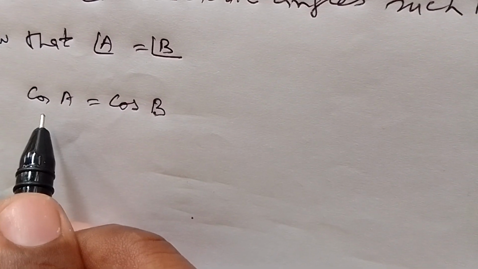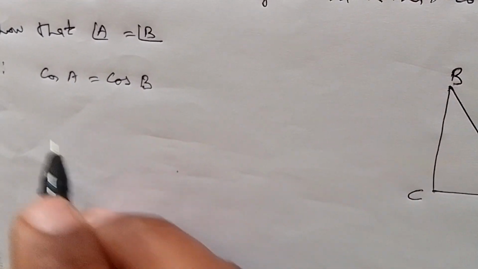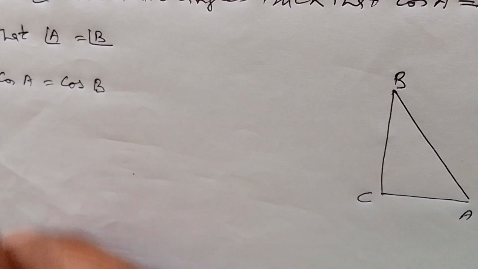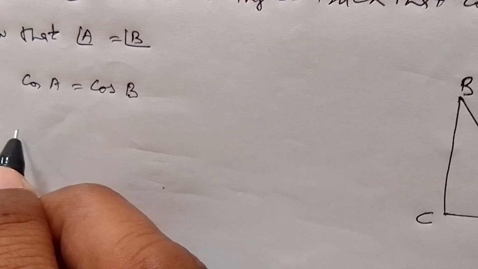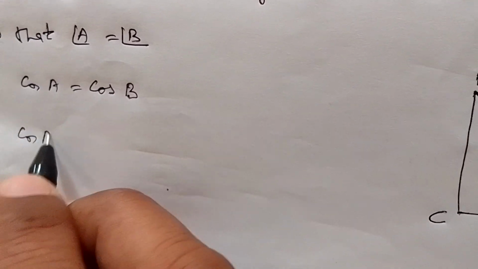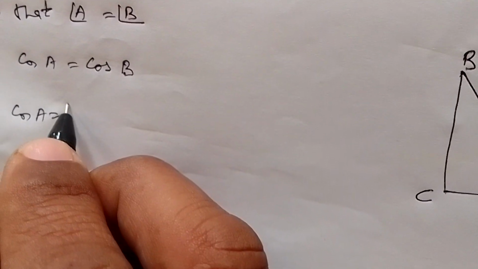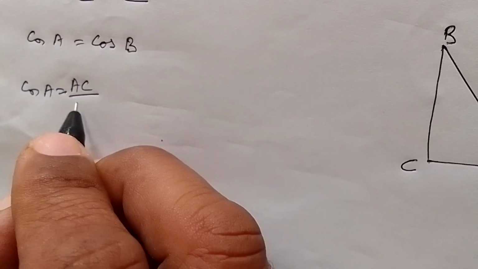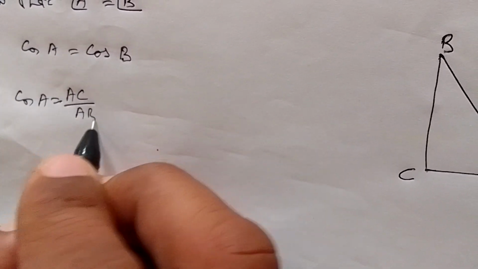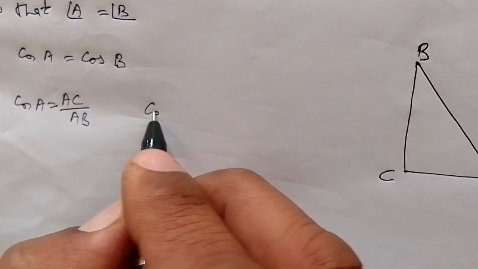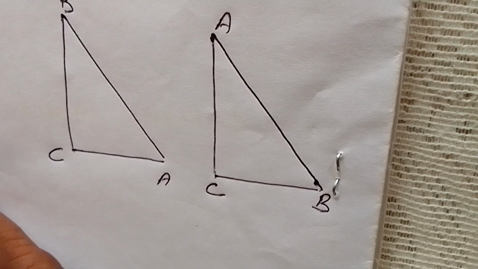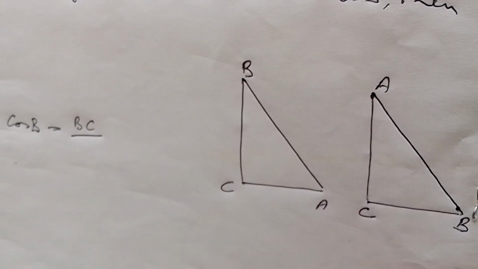Since we know that cos angle A is base by hypotenuse, that is cos A is equal to AC by AB, and in the second triangle cos B, that is BC divided by AB.